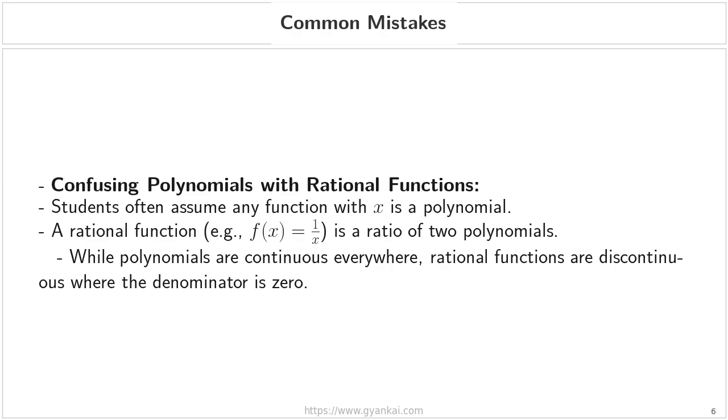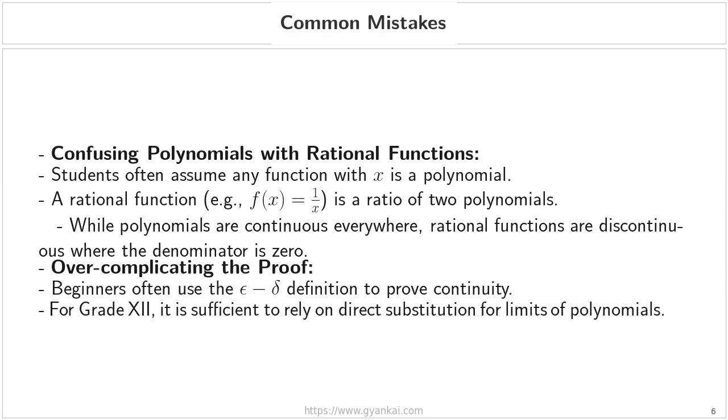However, a rational function, for instance, f of x equals 1 over x, is actually defined as a ratio of two polynomials. This is a critical distinction because, while we have established that polynomials are continuous everywhere, rational functions are discontinuous at any point where the denominator equals 0.